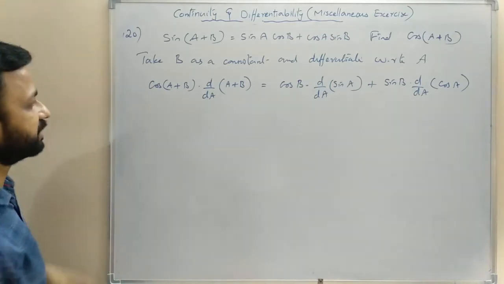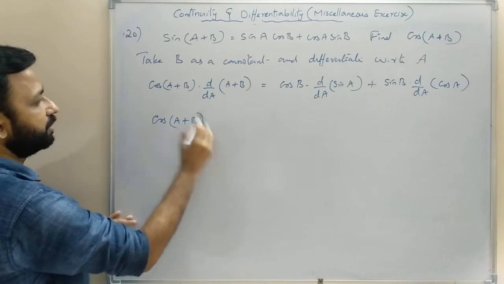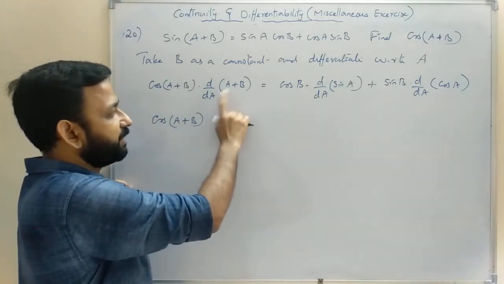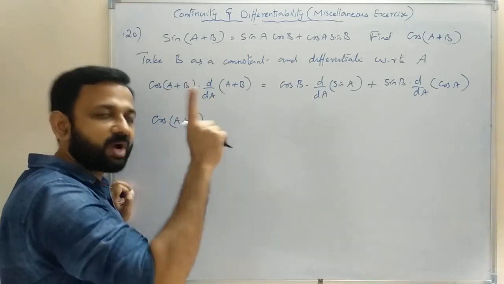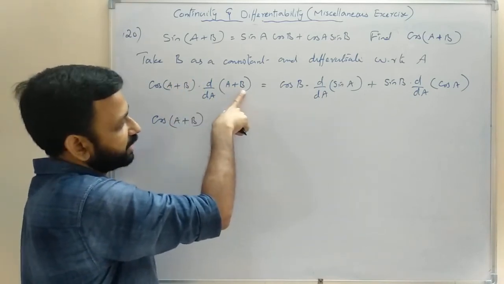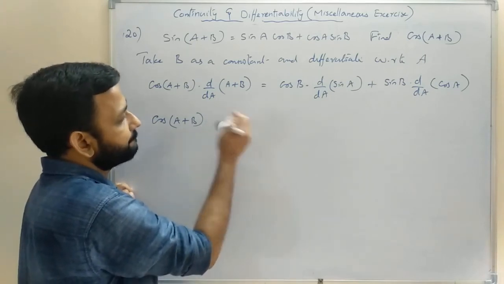Now we can find the result. Cos(A+B) into the derivative of A+B with respect to A: the derivative of A is 1 and B is a constant, so its derivative is 0, giving 1.